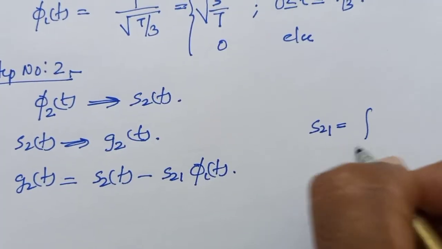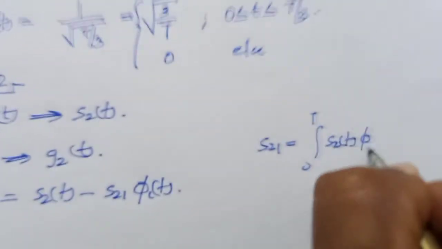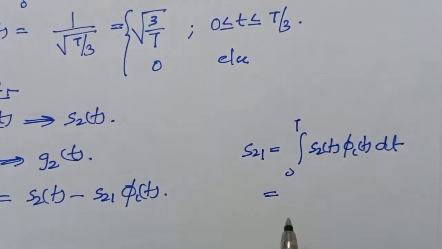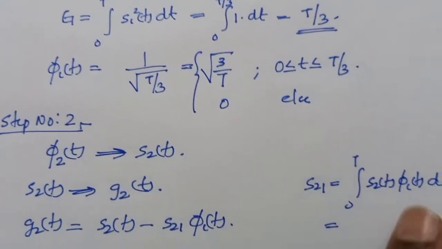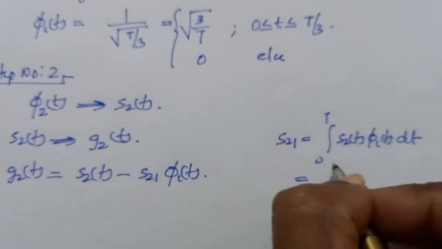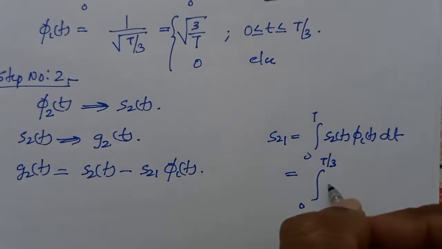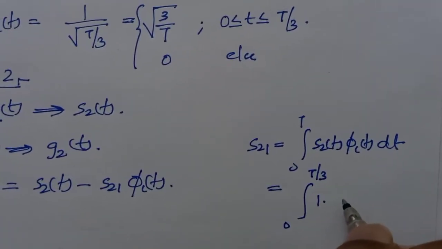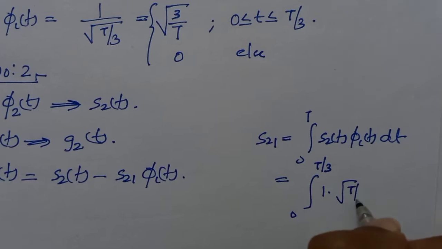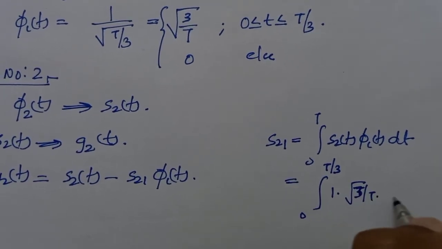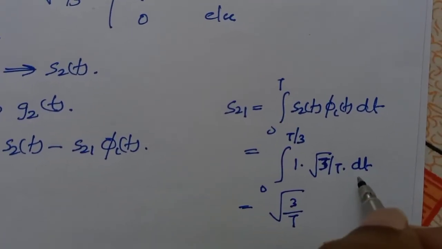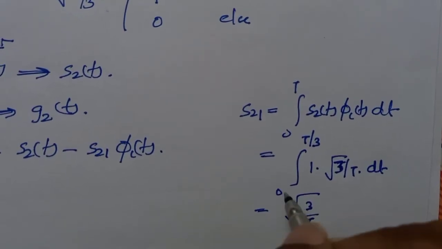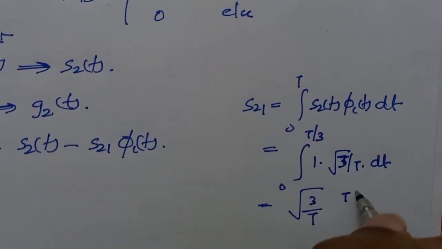We know s21 is integral 0 to T of s2(t) φ1(t) dt. s2(t) ranges from 0 to 2T by 3, but φ1(t) ranges from 0 to T by 3 only, so we need to consider only that duration, 0 to T by 3. s2(t) is 1, and φ1(t) is root of 3 by T, dt. So this will be equal to root of 3 by T into t, applying the limit 0 to T by 3, that is T by 3.